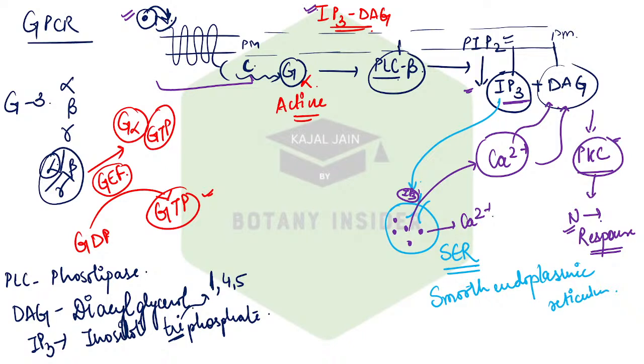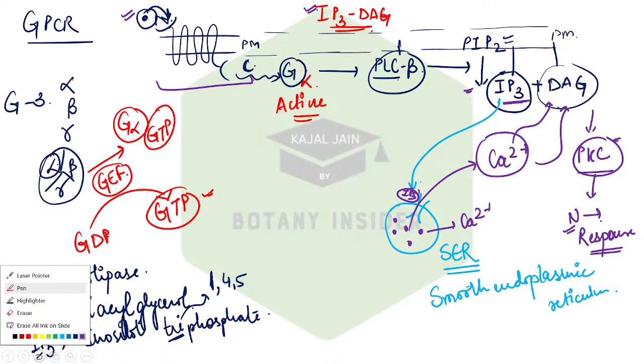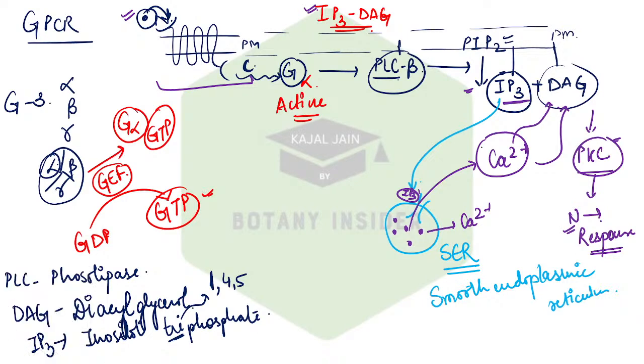In addition to that, at this particular position, there is utilization of calmodulin. Calmodulin also gets utilized over here, which works as a carrier for transferring the Ca2 plus from your cytoplasm or cytosol towards your plasma membrane region. So this is how the entire IP3-DAG pathway operates.